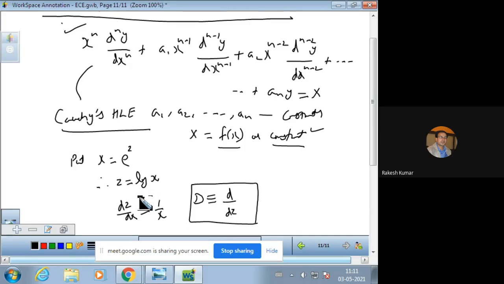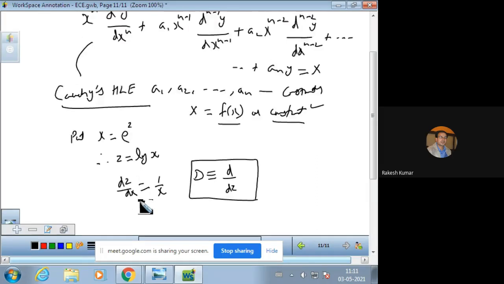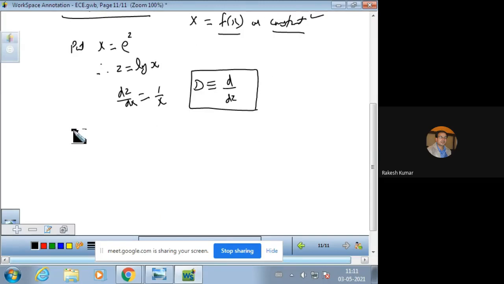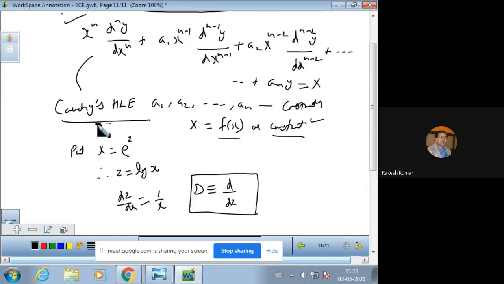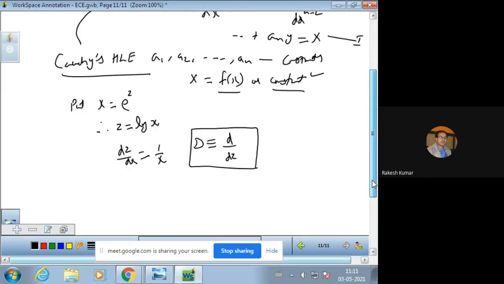We require dy by dx, d square y by dx square, d cube y by dx cube, and so on, because in this Cauchy's homogeneous linear equation we have derivatives: the nth order derivative, the n minus first order derivative, the n minus second order derivative, and the last term is without derivative. The term before that is the first order derivative, and before that the second order derivative, and so on. So we need to find the values of these derivatives.